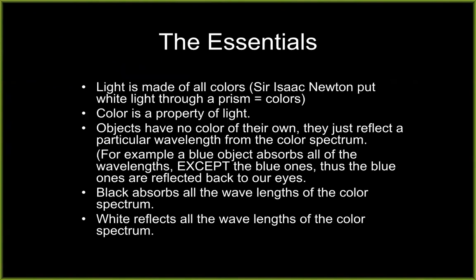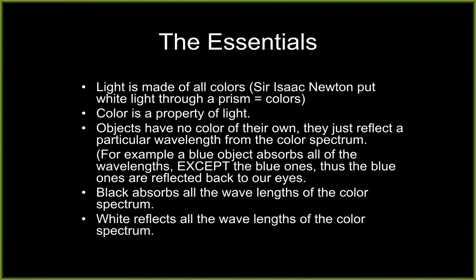So the essentials of color is that it's a property of light. And I'm sure that when you were younger, you heard about Sir Isaac Newton, who put white light through a prism and was able to see colors, the spectrum of colors. So objects don't have any color of their own. They depend on light. They reflect a particular wavelength from the color spectrum.